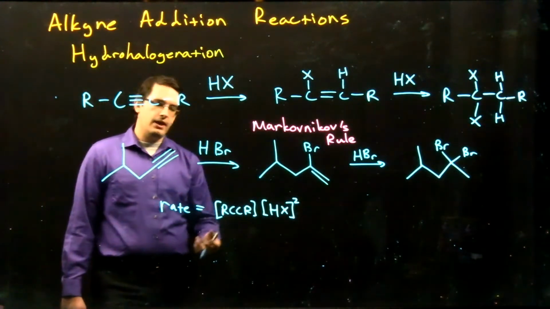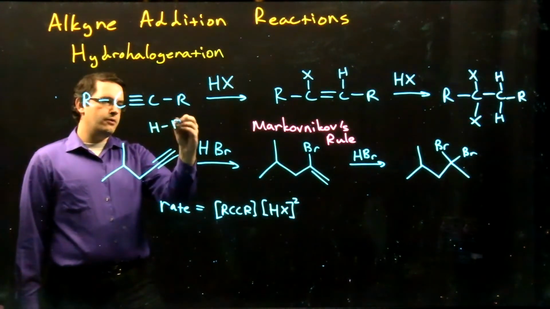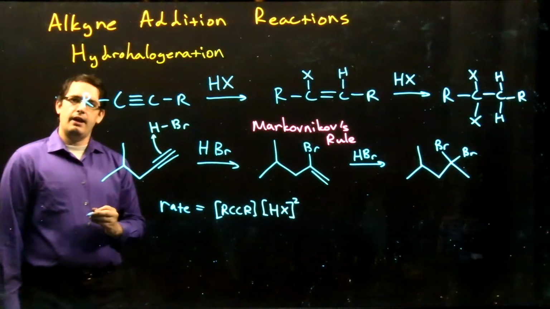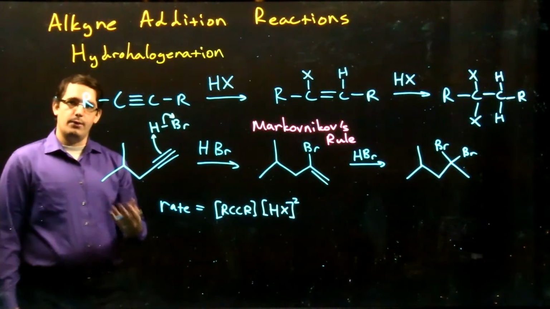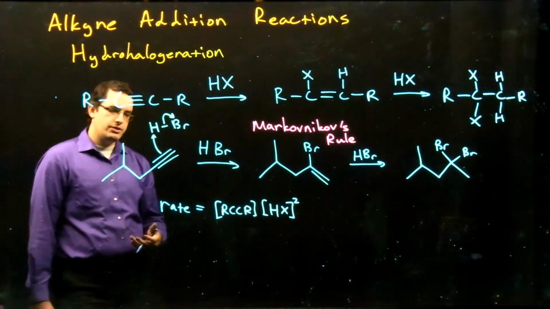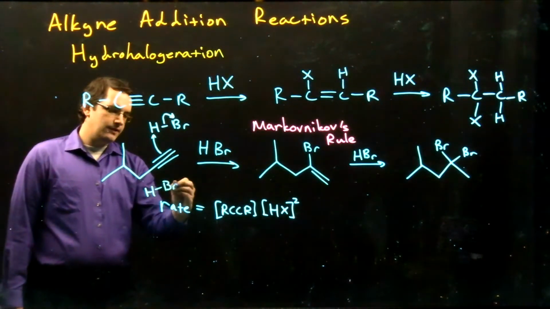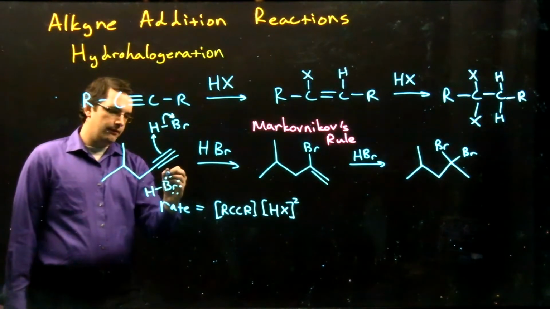So this actually suggests a concerted mechanism where we're going to be reacting with 2 units of our hydrogen halide at the same time. So we attack as a nucleophile on our hydrogen, just in the same way as we would in our alkene hydrohalogenation reaction, while at the same time we also attack with our bromine as a nucleophile.